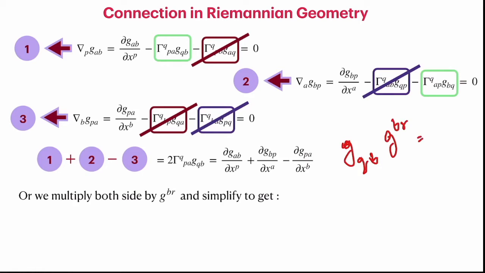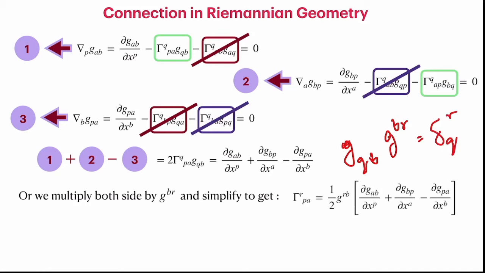What we end up having is a delta RQ, and the Q index gets replaced by R, and finally we end up having the relation gamma RPA is equal to half G RB into the partial differential of G AB with respect to X P plus the partial differential of G PB with respect to X A minus the partial differential of G PA with respect to X B.